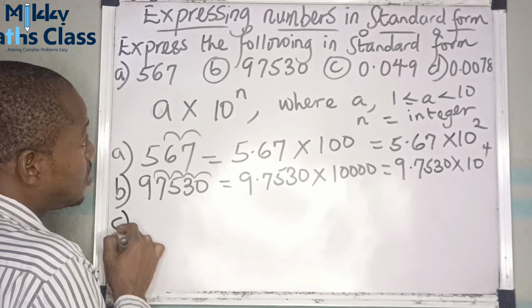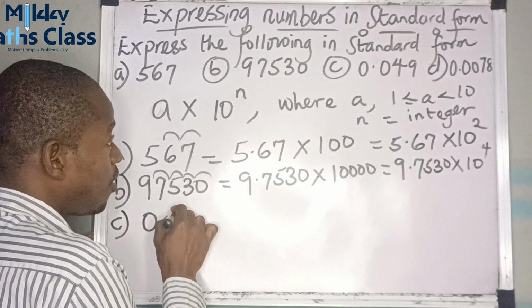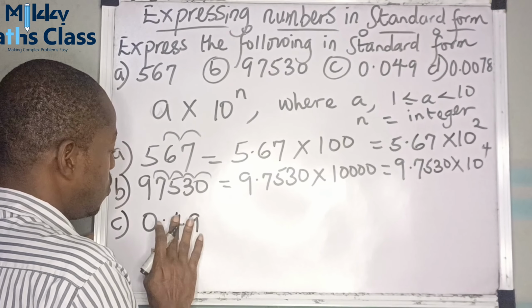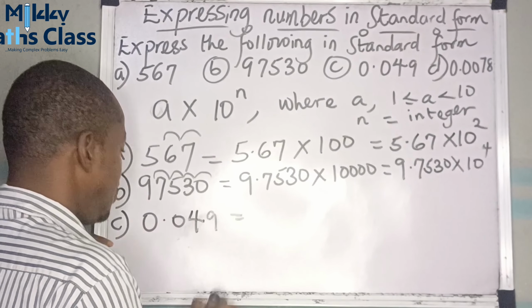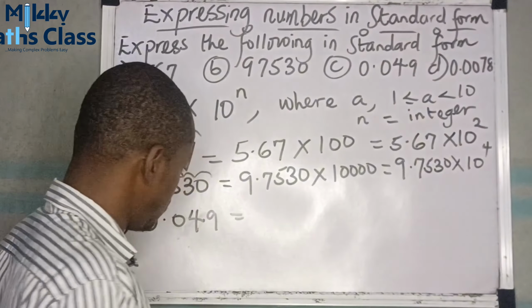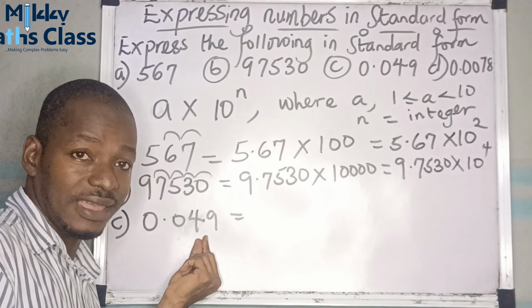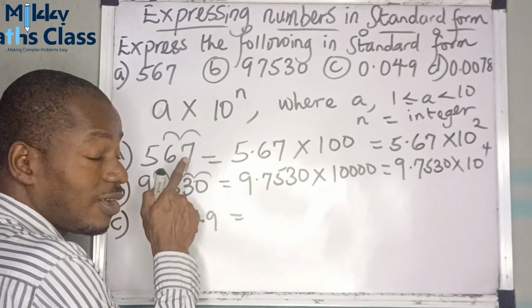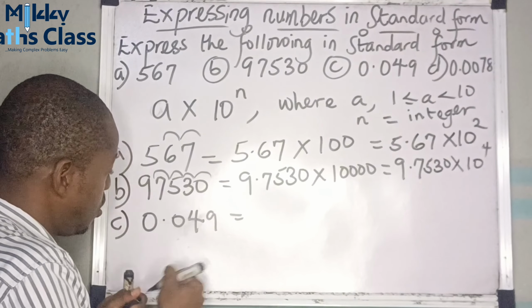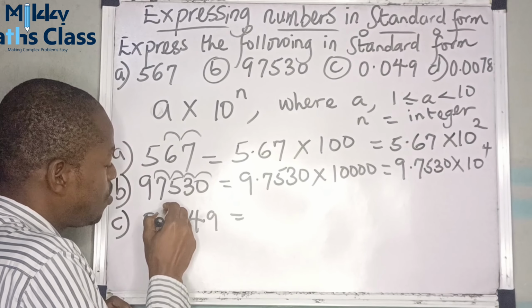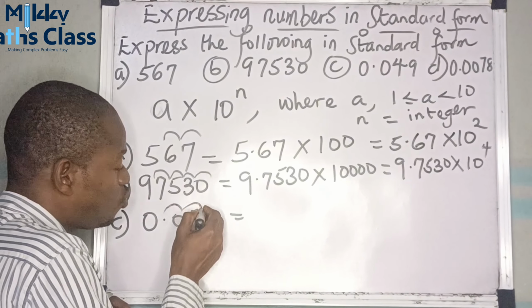The C part, 0.049. Now here we are going to move it in between 4 and 9. So we are moving to the right, as opposed to the earlier examples where we moved to the left. So when we move to the right, how many times will we move? 1, 2.